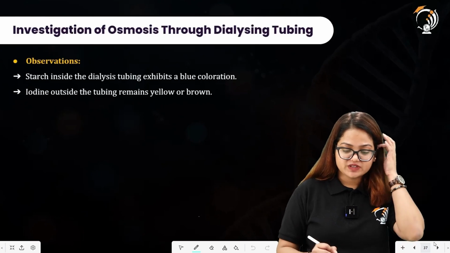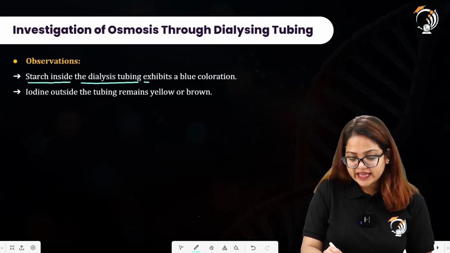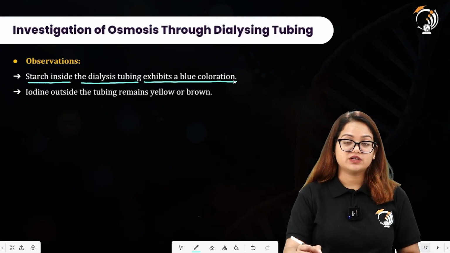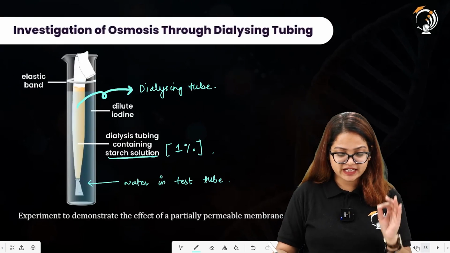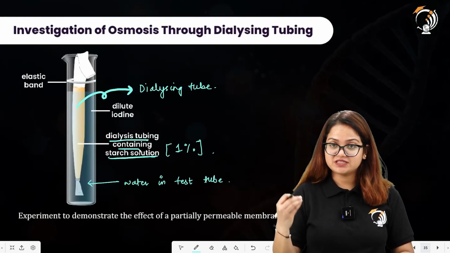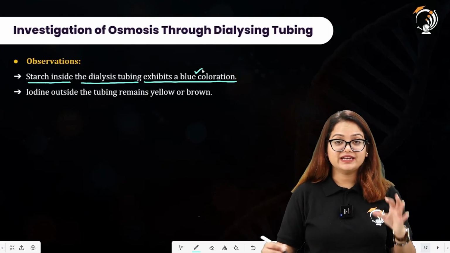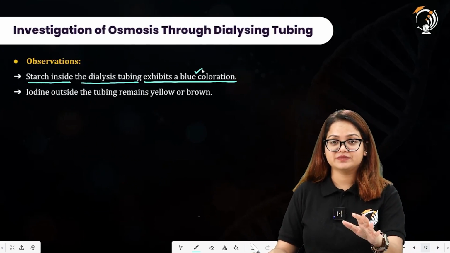So what will be the observation here? The starch inside the dialysing tube exhibits a blue coloration. Now the starch which was present in the dialysing tube here, since the dialysing tubing containing the starch solution has 1% starch solution, it has turned blue in color. And why did this blue color happen?